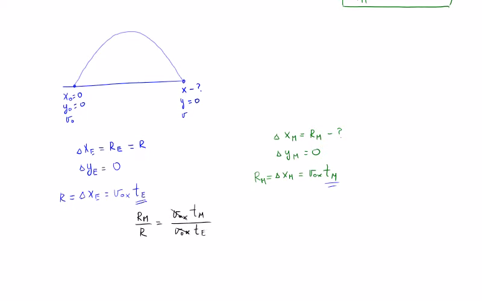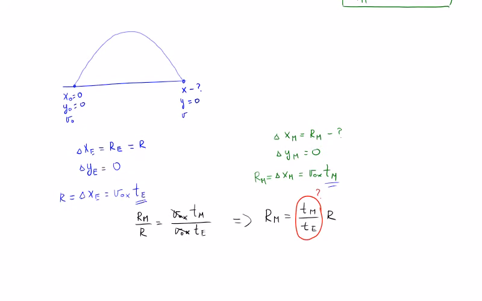This will cancel out. From here, I can find range on the moon equals time on the moon over time on the earth times the range on the earth. Now, my goal is to find time on the moon over time on the earth.